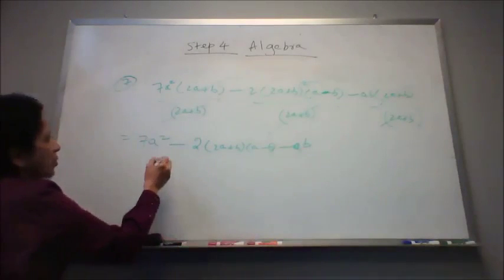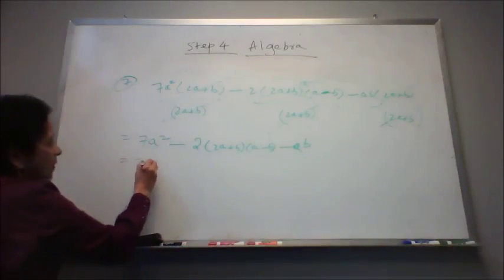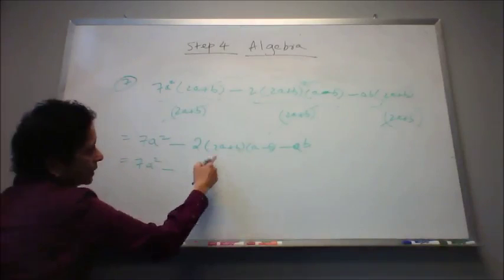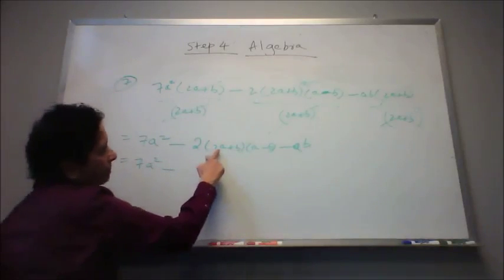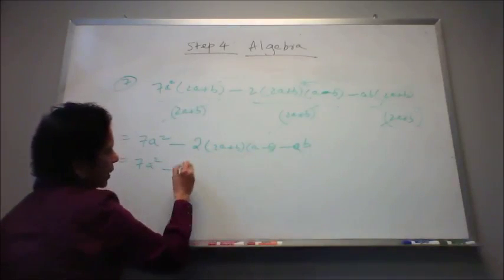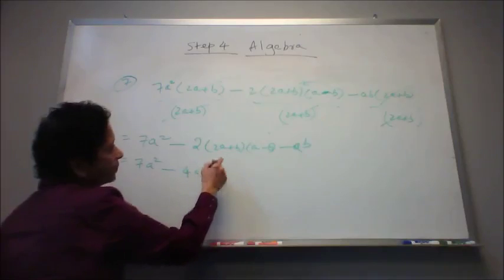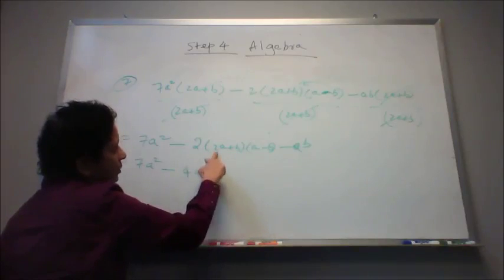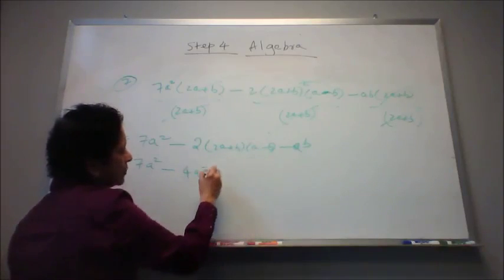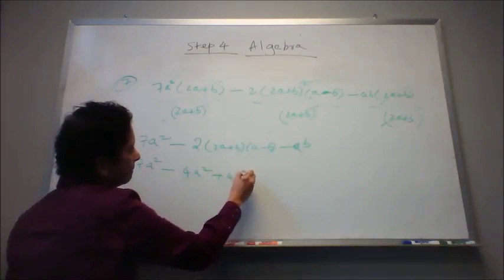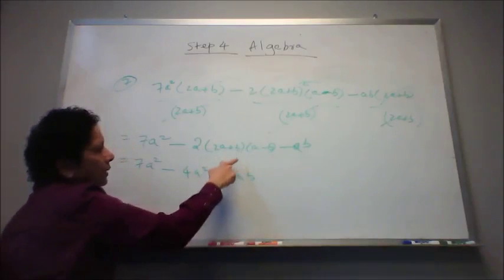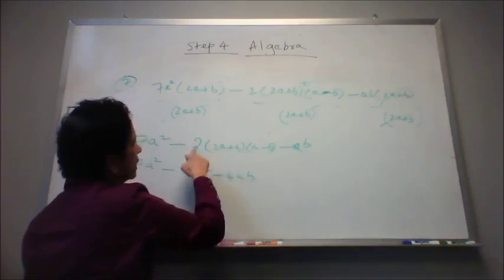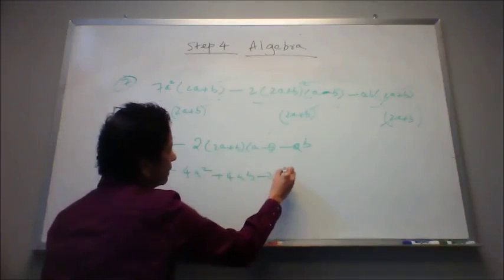So you need to multiply 7a squared, and then multiply this: 2a times a is 2a squared, so it's 4a squared. And then 2 times 2a times minus b makes minus 4ab. And then the FOIL: b times a, 2ab, minus 2ab.